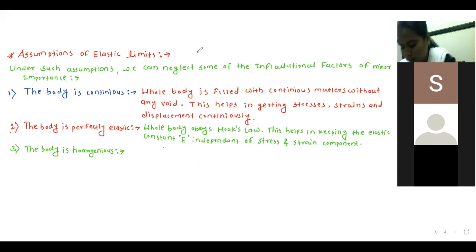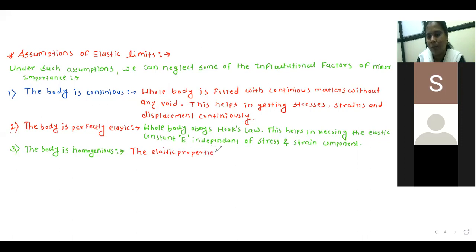First you write down, then I will explain. When we say the body is homogeneous, the elastic properties are same throughout the body, or at every point.